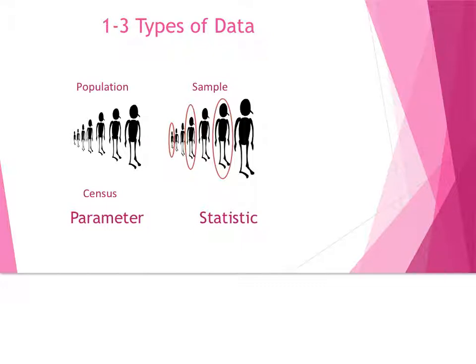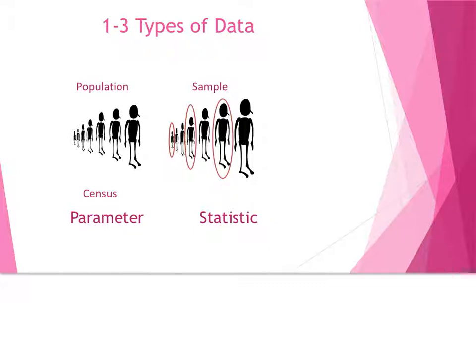I had a bunch of numbers, but not only that, I had all the numbers that matter. So if I add them up and divide and I come up with an answer, that answer is accurate.